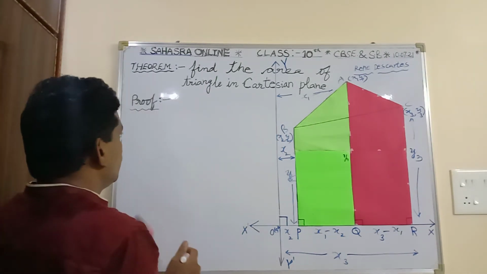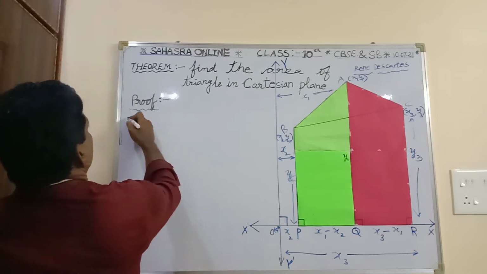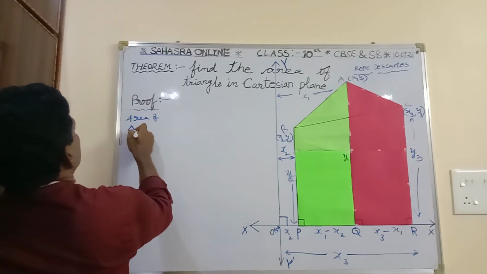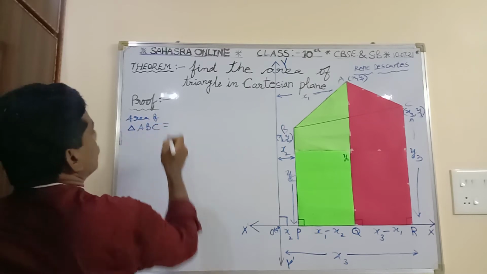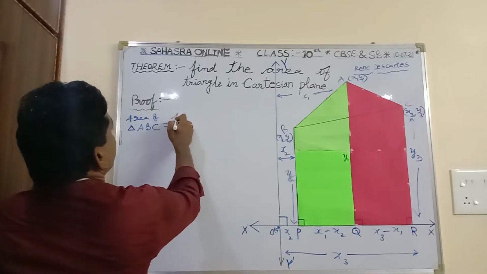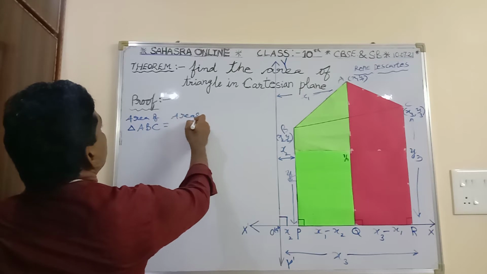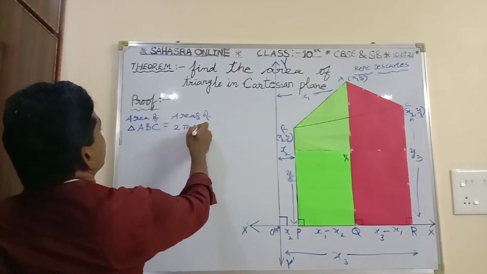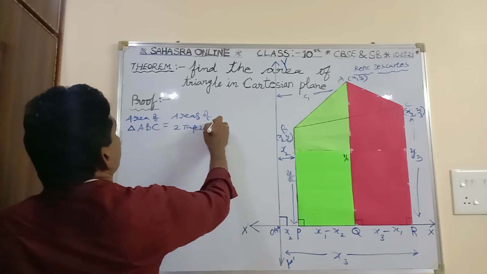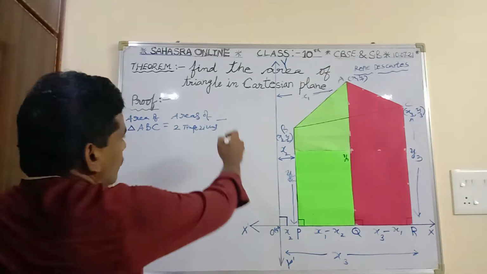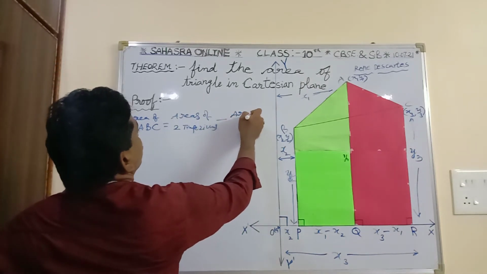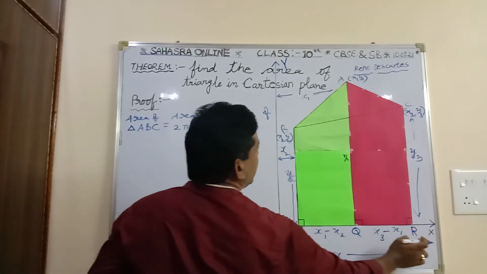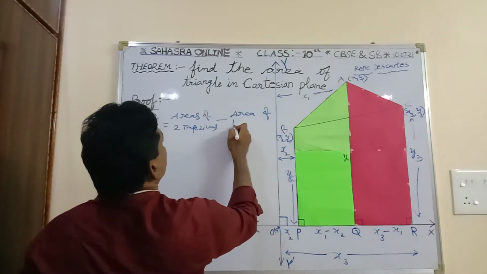First of all, what is the formula? Area of triangle ABC equal to areas of two trapeziums minus area of biggest trapezium PRCB.